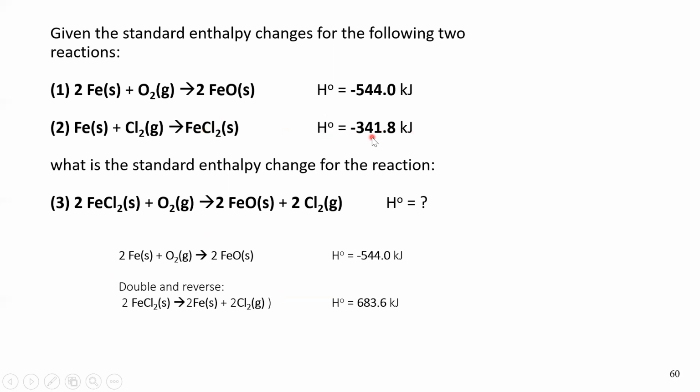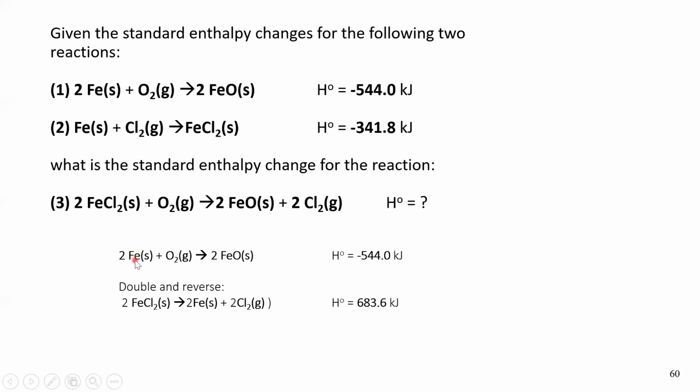And we're going to have to multiply that value by 2 because we need to multiply the equation by 2. So this negative 341 kilojoules, the sign gets flipped, we multiply it by 2, and that's where that 683.6 kilojoules comes from. Now, if we look at these two reactions, we've manipulated them from the given equation.